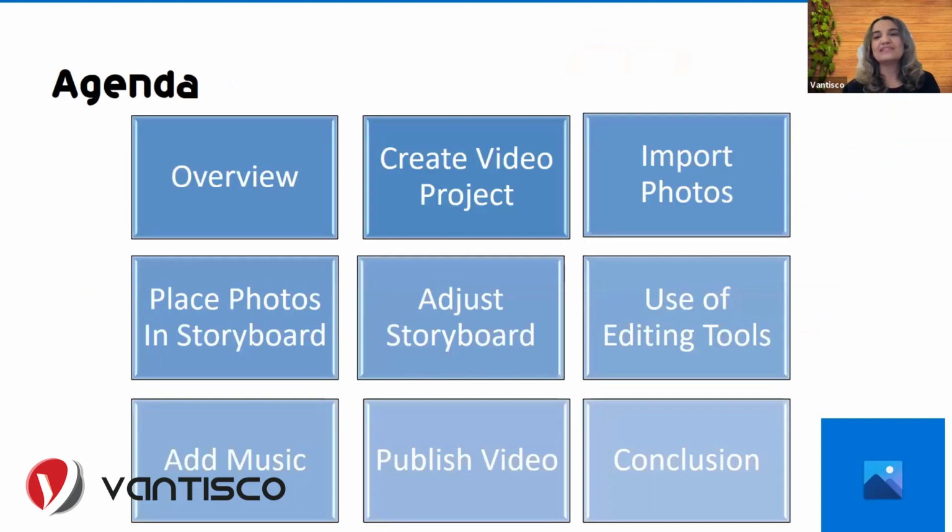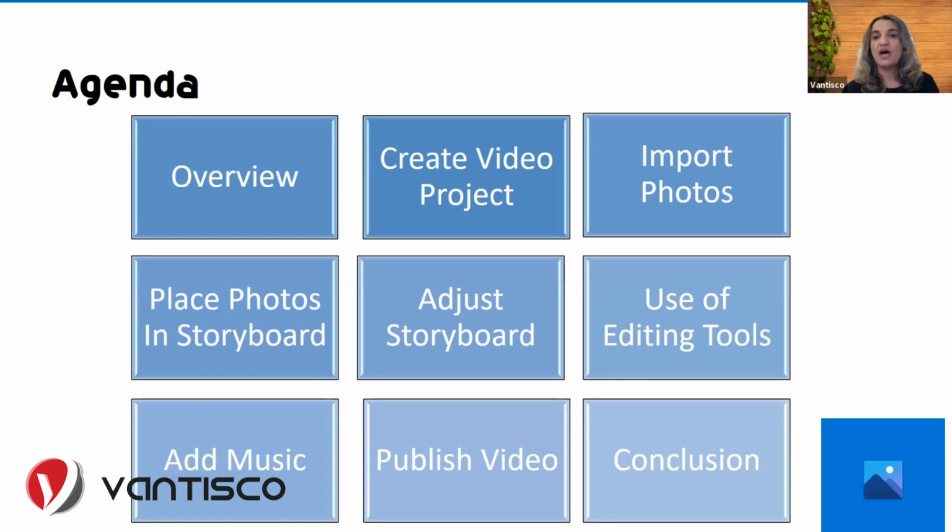I will start with an overview. You're going to see the platform and how to get the application if we don't have it, how to create a video project from scratch, and how to import the photos from the PC, from the web, or from an album. We're going to see how to place the photos in the storyboard, adjust the storyboard, add title cards, and change the places of the photos.